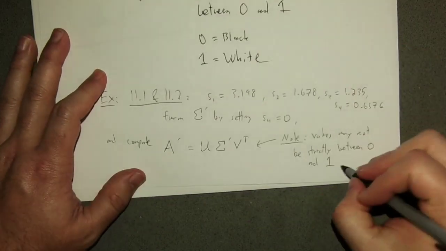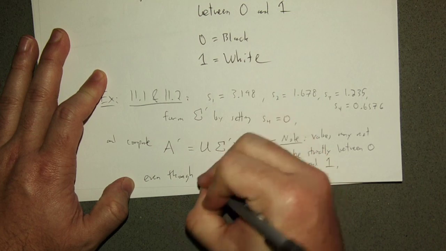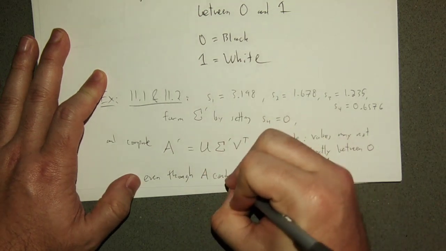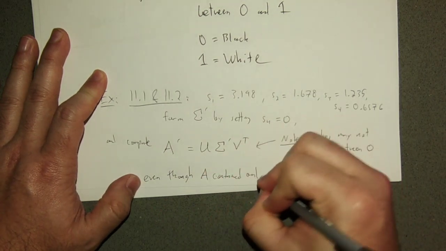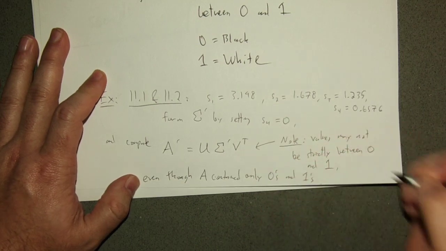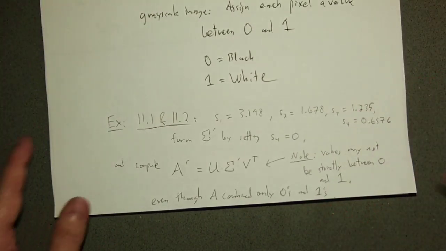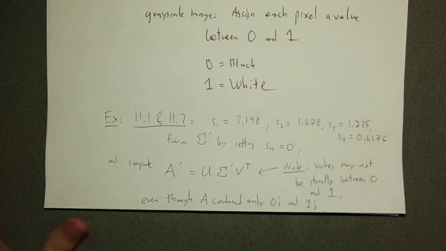Even though A contained only zeros and ones. Okay. So you might imagine that the same thing is going to be true when you have a matrix. Our matrix A was actually particularly simple because the matrix A that we started with in this example was nothing but zeros and ones.